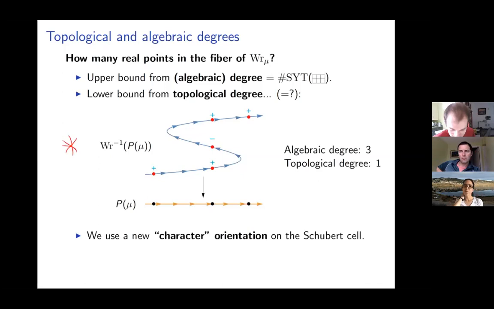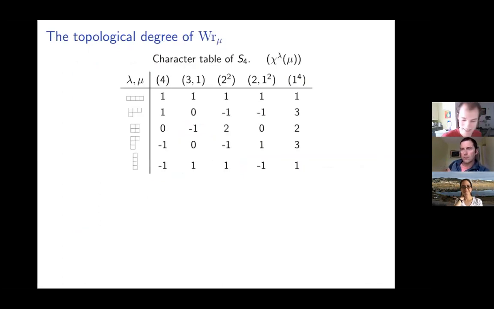And this is where things connect to the representation theory of the symmetric group. So I'm going to tell you the theorem statement. Here I put up the character table of S4, the symmetric group on 4 elements. You might have calculated this in a representation theory class sometime. So up here, we have the conjugacy classes on S4.